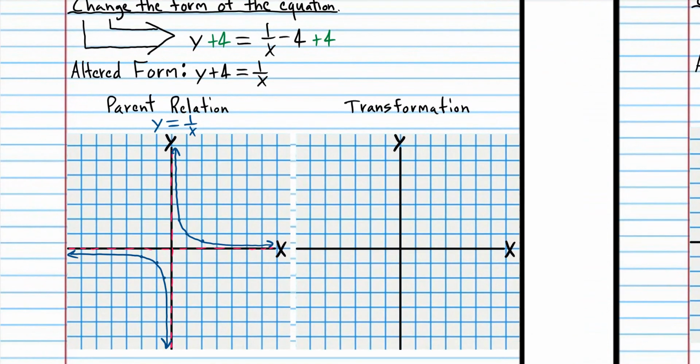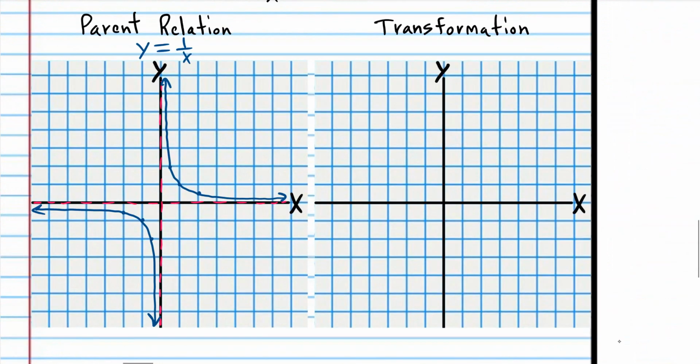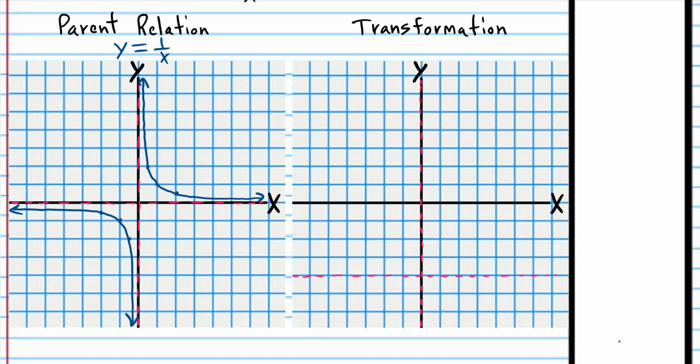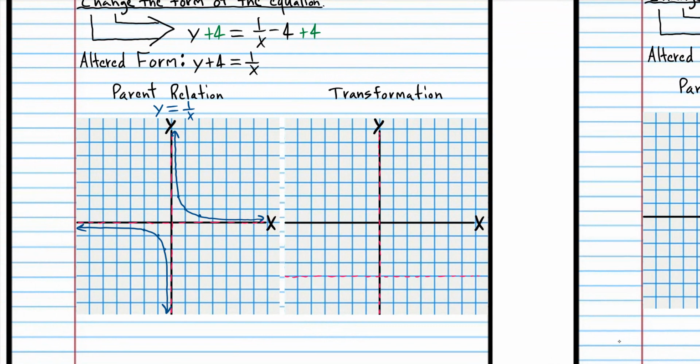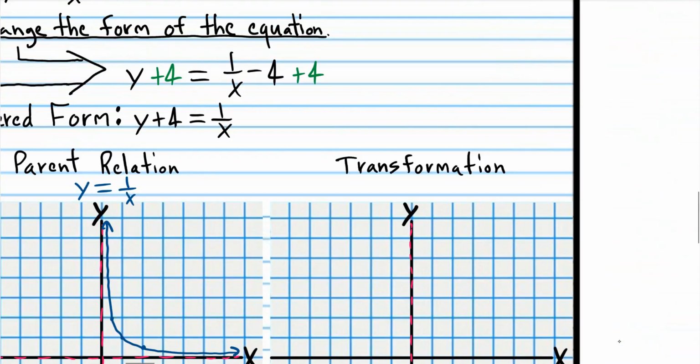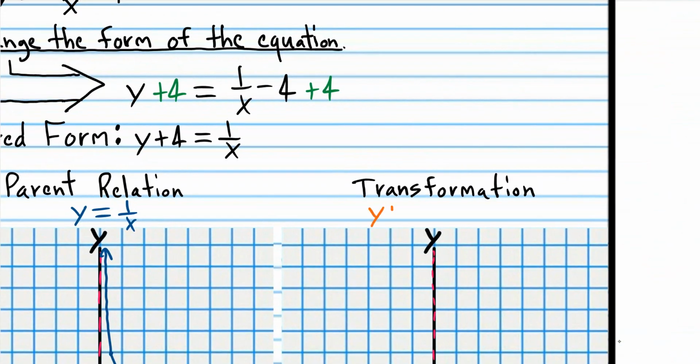So now we're moving down 4 units. So 1, 2, 3, 4. So our horizontal asymptote is going to be down here. The vertical asymptote doesn't change positions. And before I forget, I'm going to write the equation that we're trying to graph.